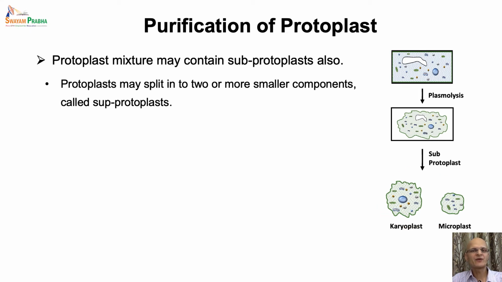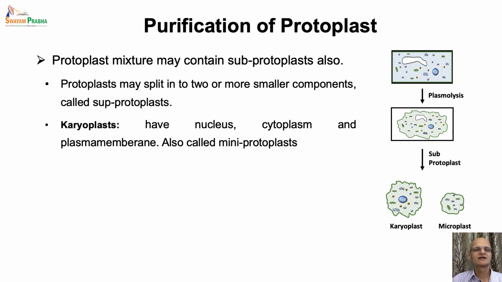Now, depending upon the content of the subprotoplast, like whether the nucleus is present or absent, whether the entire cytoplasm is present or just part of the cytoplasm is present, these may be categorized into different categories.